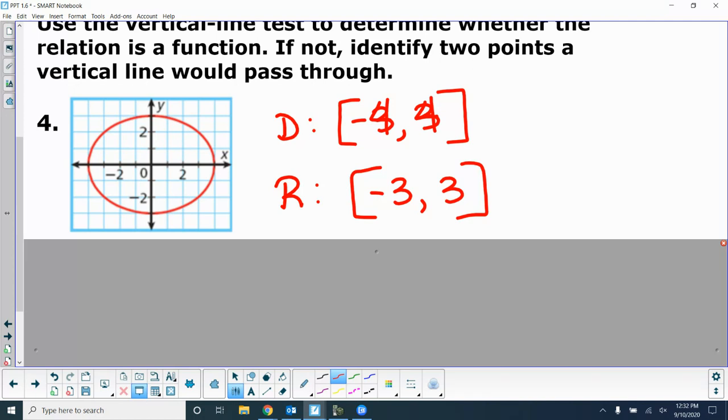Because we're including those numbers. If we did parentheses, we wouldn't be including that. But it goes through there, right? The red line goes through -4 and +4, -3 and +3. And when we do an interval, we're including all the numbers in between, right? And if you look, as this thing goes up and comes back down, it's including all the x values from there to there, right? And then the y values are from there to there that it's included.